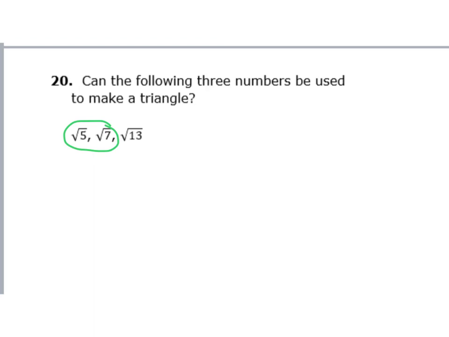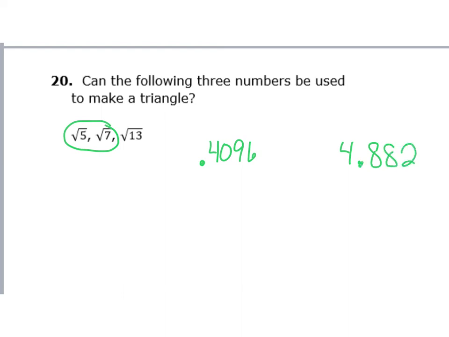When I find their difference, I get 0.4096, and it keeps going on and on, but just to round it. And then when I add those two together in my calculator, I get a big decimal, 4.882 something.